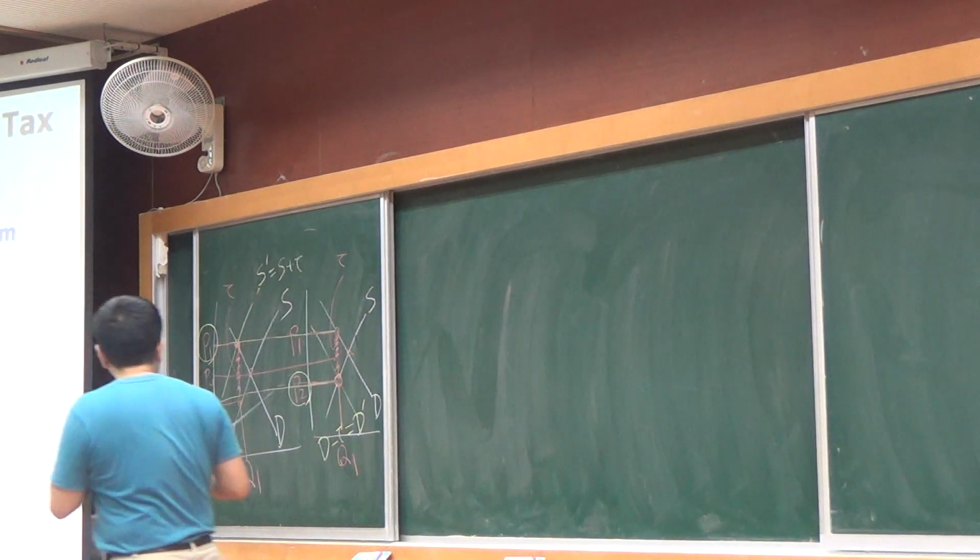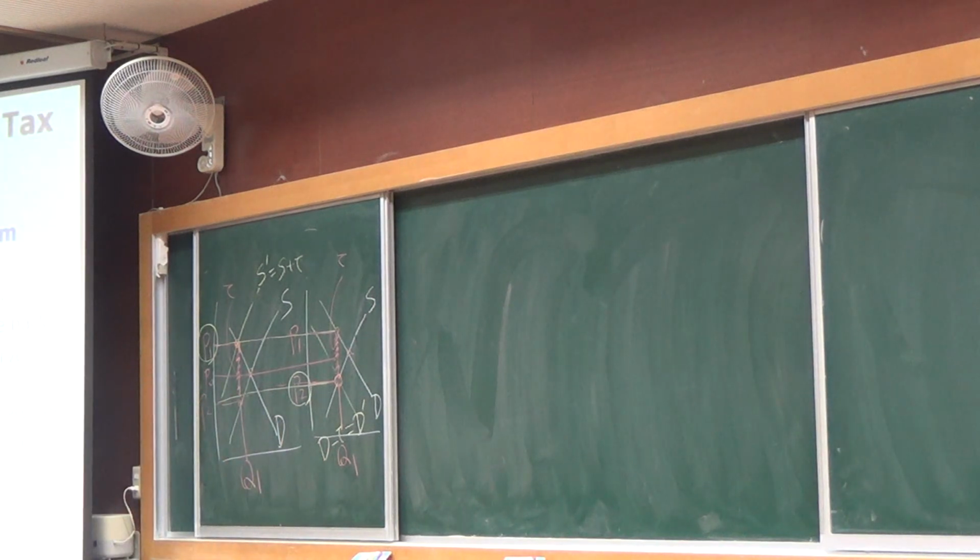In the second case, the price label would be P2. And I'm the consumer, and I'm the buyer. I pay P2 to you. You are the seller, so you receive P2. But after paying P2 to the producer, to the seller, I'm the consumer, right? I got to pay an extra tau to the government. Is that clear?